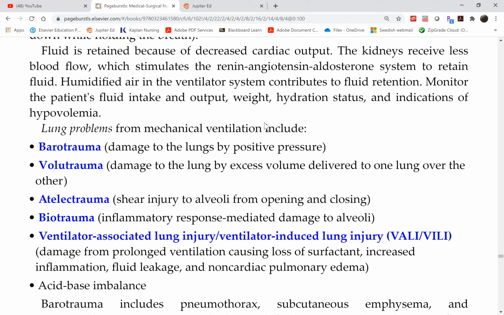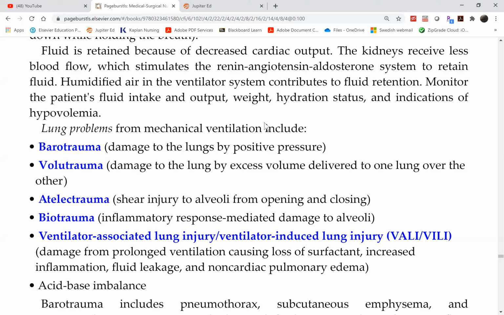We have volume trauma, meaning the tidal volume. This is usually caused by a migrated tube. The ET tube is not 2 inches above the carina. The tube is pushed down into one lung, usually the right mainstem bronchus. So all your tidal volume is going into the right lung instead of both left and right.